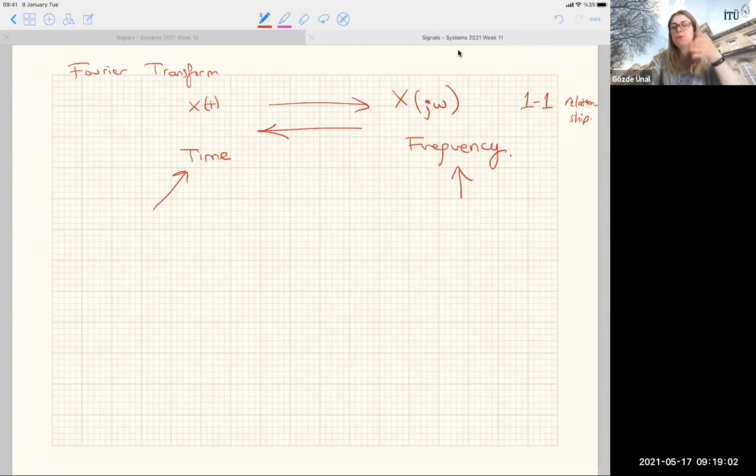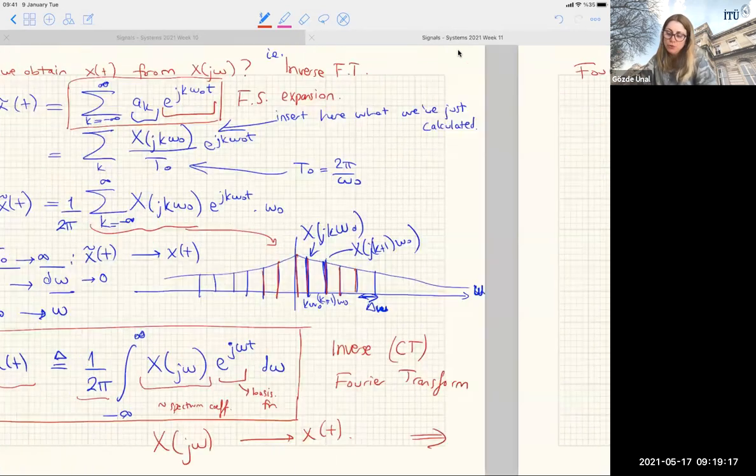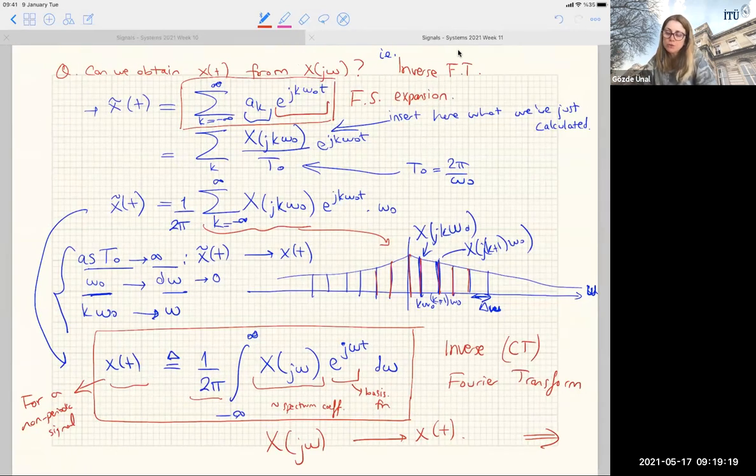For instance, for frequency selective filtering, I would want to work in the frequency domain. For signal manipulation, for instance compression, one idea is to work in the frequency domain and suppress all those components, coefficients, that have small magnitude, small Fourier transform coefficients.